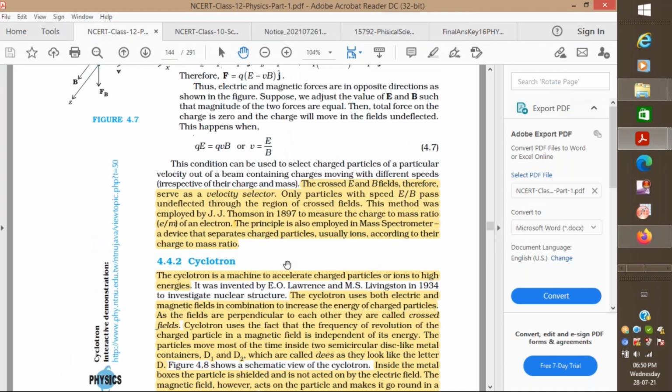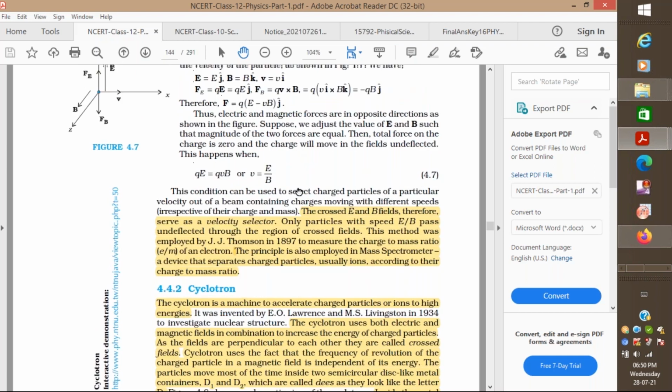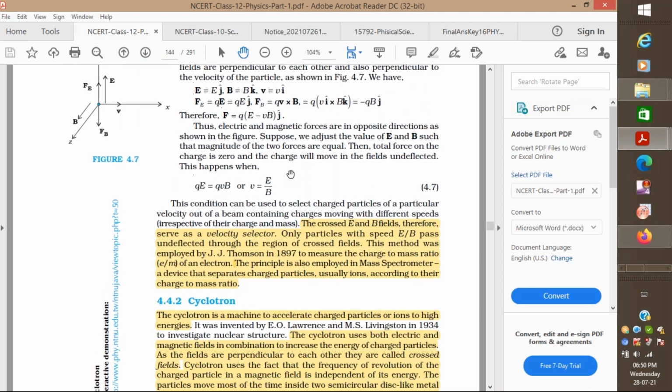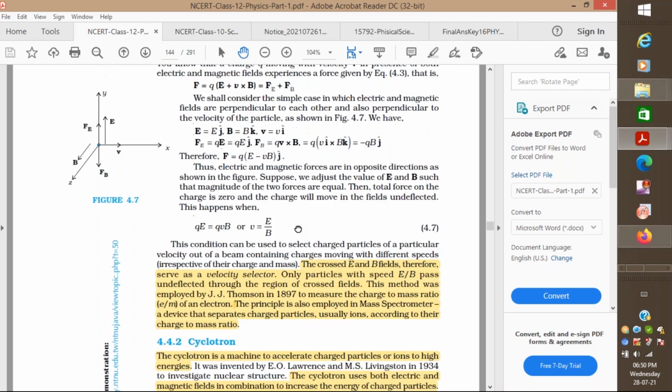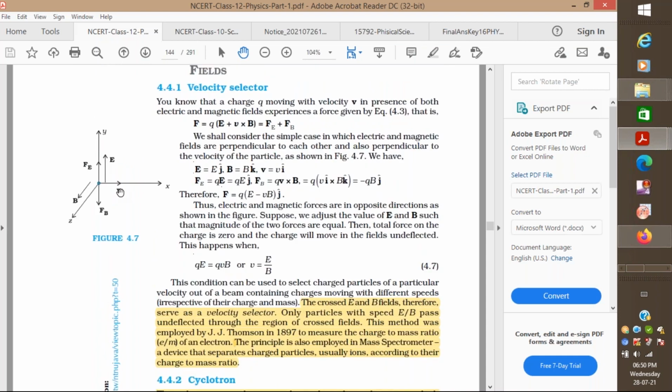What is the condition? The electric and magnetic fields have to be perpendicular to each other, and also the charged particle has to move in a direction perpendicular to this electric and magnetic field.